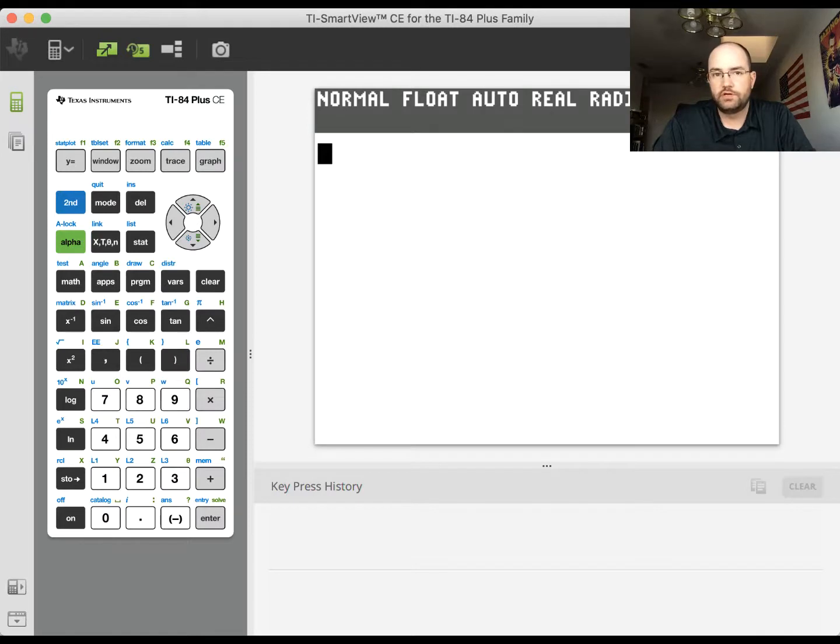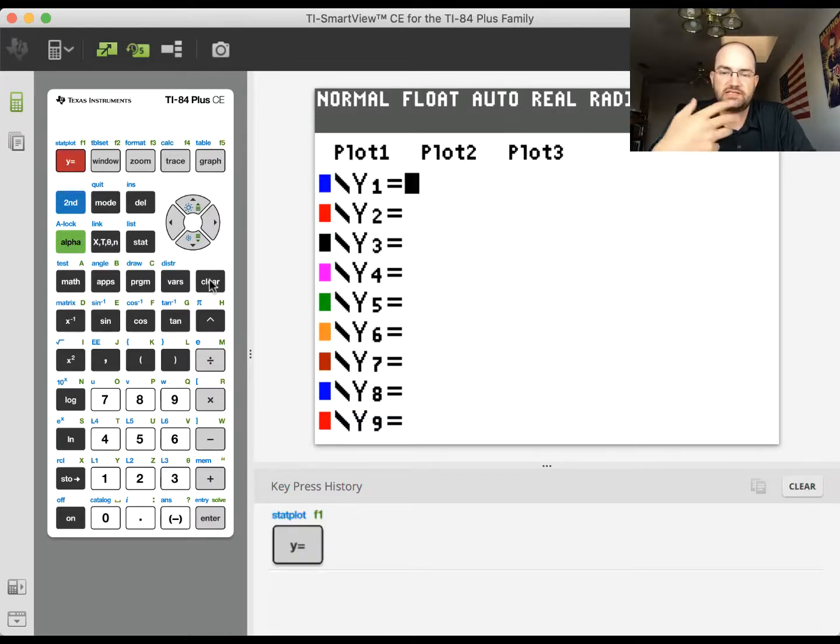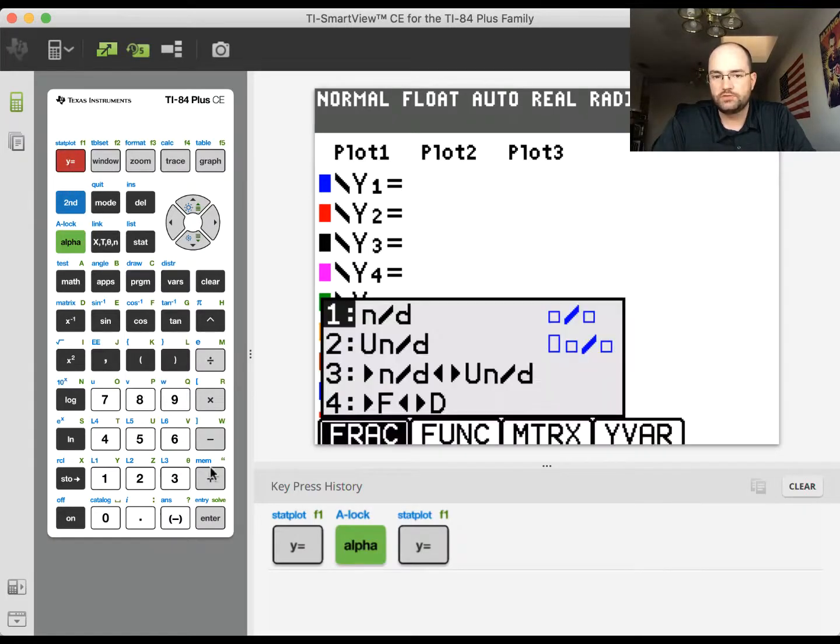So now that we're here at the calculator, let's see what we can do with this. We want to figure out the limit as x approaches 2 of x cubed minus 2x squared all over x minus 2. So I want to type the function into y equals. Click on y equals at the top left, and then we want a big fraction, so make sure we do alpha y equals enter.